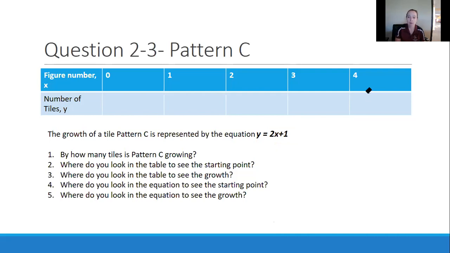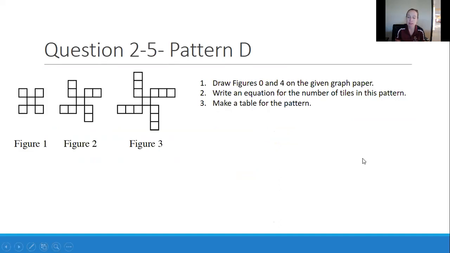All right, last question, guys. And this is for pattern D. So pattern D, if you look at your notes, you've been given a table. So there's only 3 questions to this one, but I want you to think about what would figure 0 look like and what would figure 4 look like.